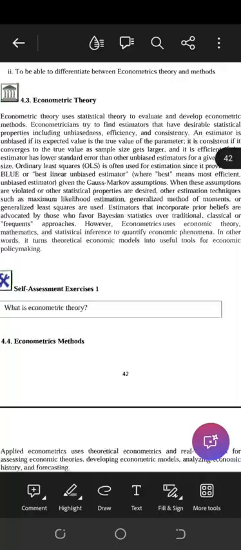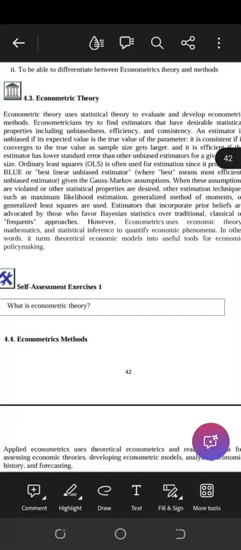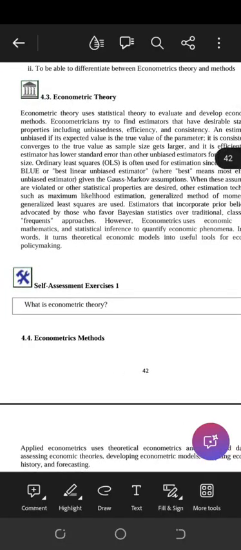Reading on, when these assumptions are violated or other statistical properties are desired, other estimations such as maximum likelihood estimation are used. So apart from the OLS, the ordinary least squares, there's another type of estimation technique called maximum likelihood estimation. It also has its own estimators, B naught and B1, but they have their own properties that are different from the properties of the OLS.